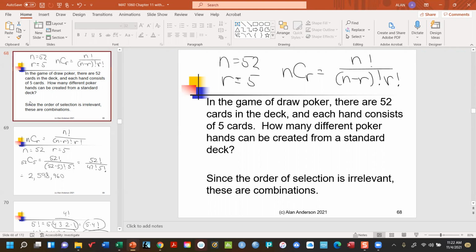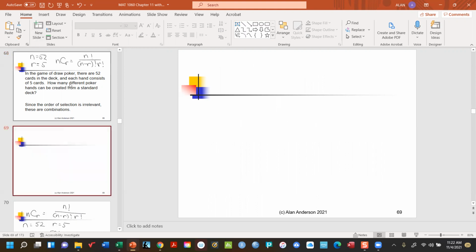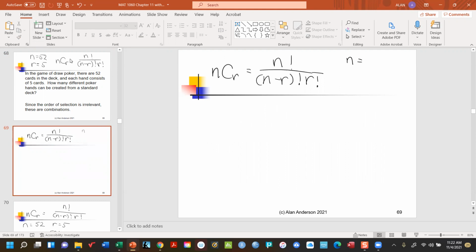Let me show you the trick. If you start this one out, you'll plug in the numbers and say, there's no problem here. But the real issue is that the numbers themselves are going to be very, very large. And so I want to show you an algebraic shortcut for this.